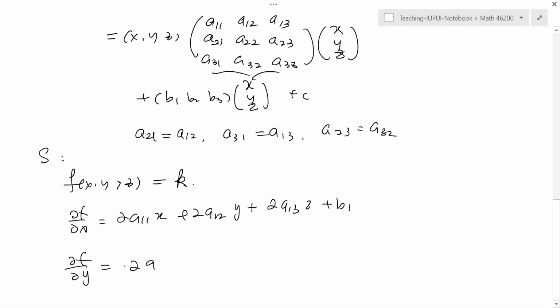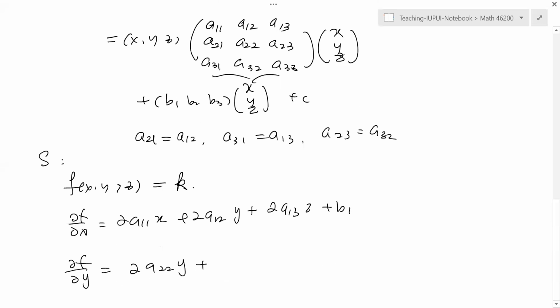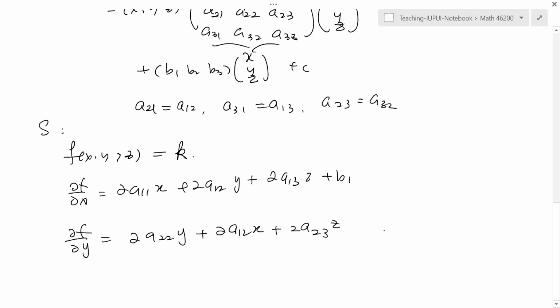Then twice A22 y, and which term contains the y variable? Let's go back and look at A12 x, and I think it's 2A23 z, because it's yz, and then plus b2.